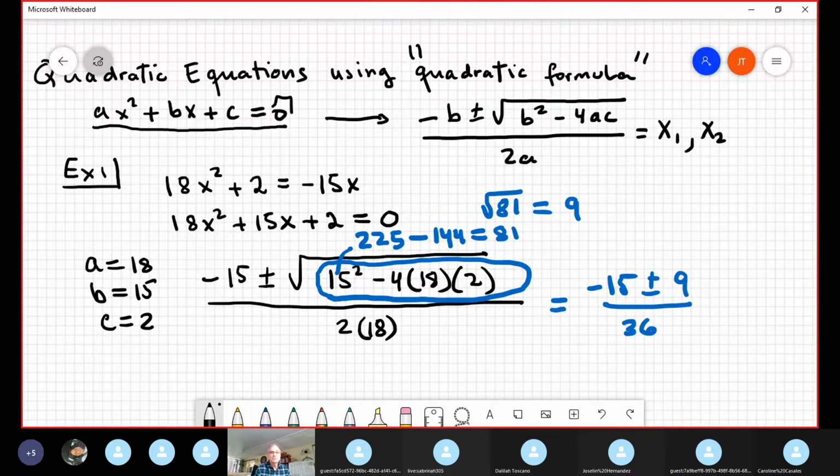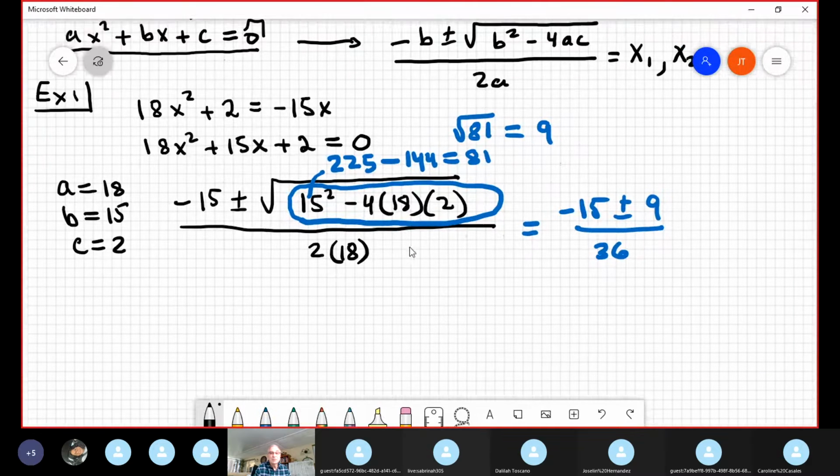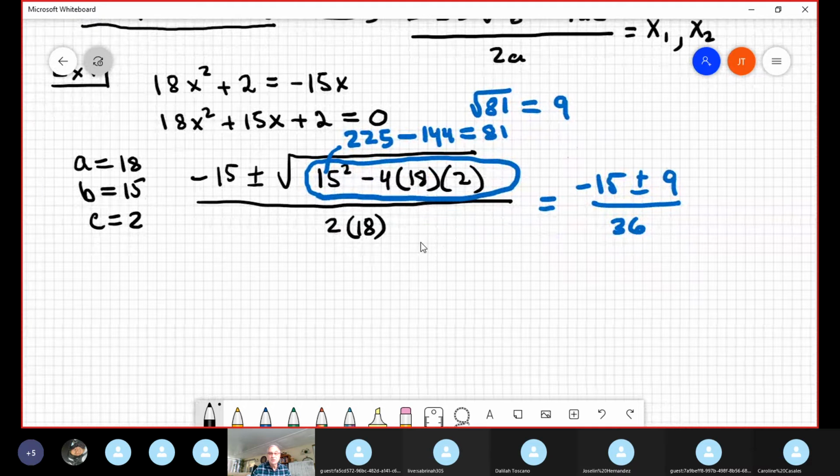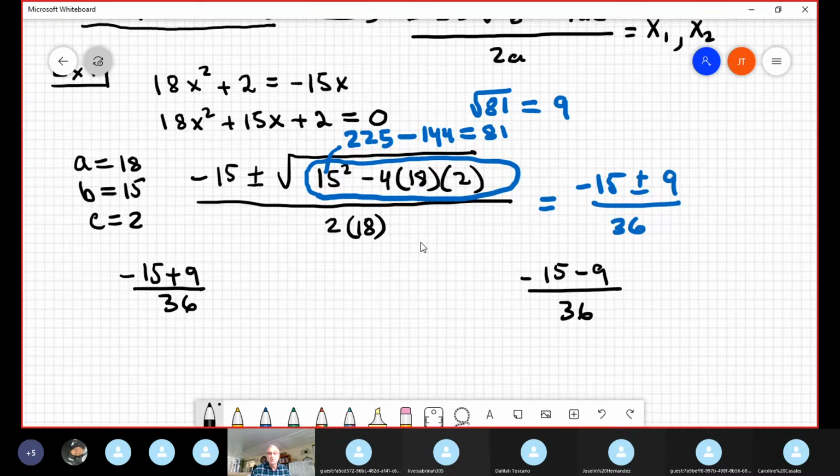Okay, now, at this moment, I like very much to split this in two pieces: minus 15 plus 9 over 36, and minus 15 minus 9 over 36. I use a double sign, plus and minus. It doesn't matter the order. And now subtracting, it is negative 6.